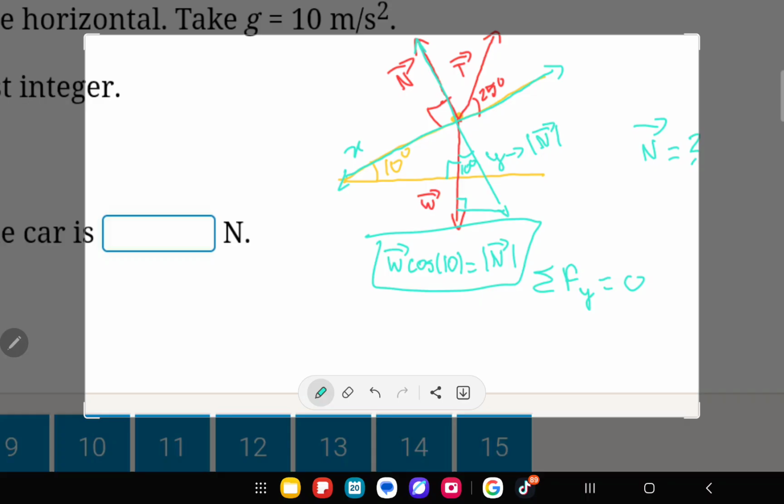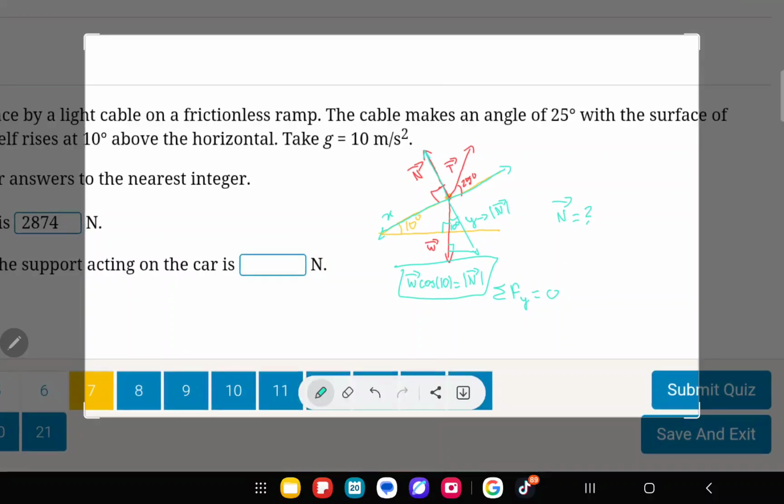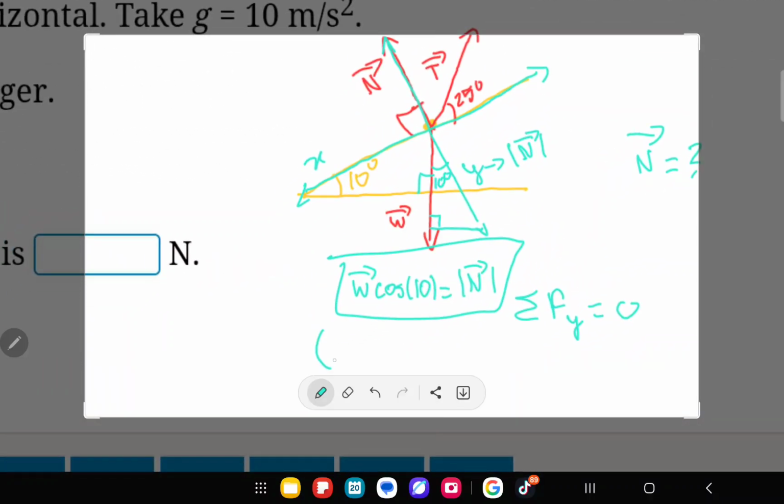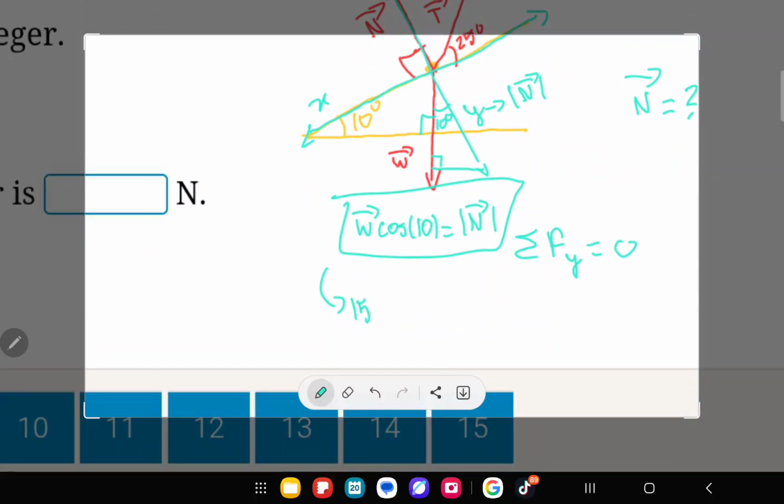So we have W cosine 10. W here is already equal to 15,000, so we'll keep it like this: 15,000 cosine 10 is equal to this.